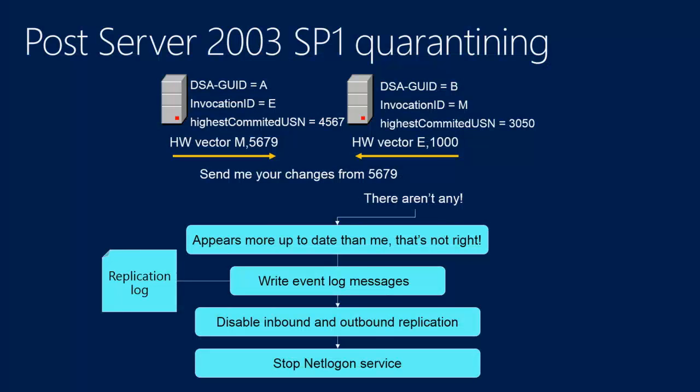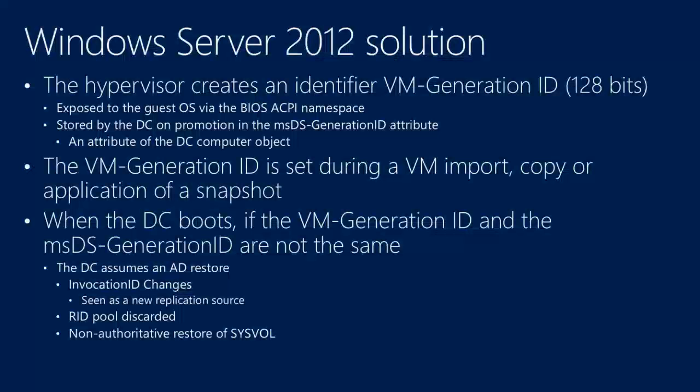Now what's happened is in Server 2012, and this relies on the appropriate hypervisor, the hypervisor can have a thing called a VM generation ID. And what the VM generation ID does is it is exposed to the operating system through the BIOS ACPI namespace.